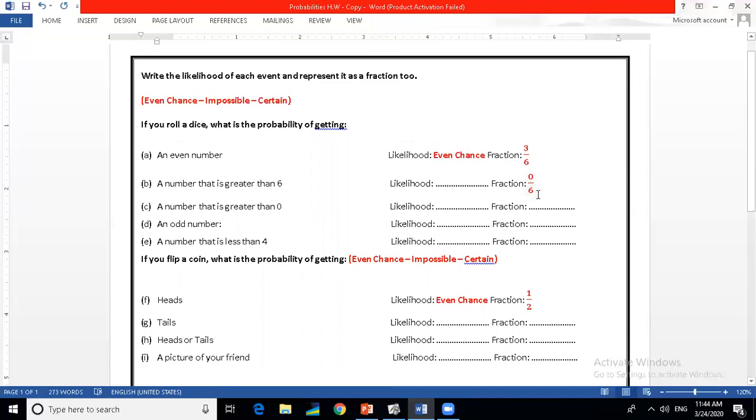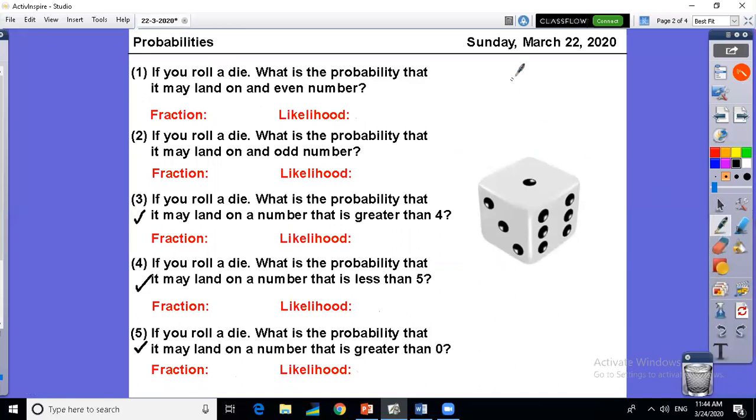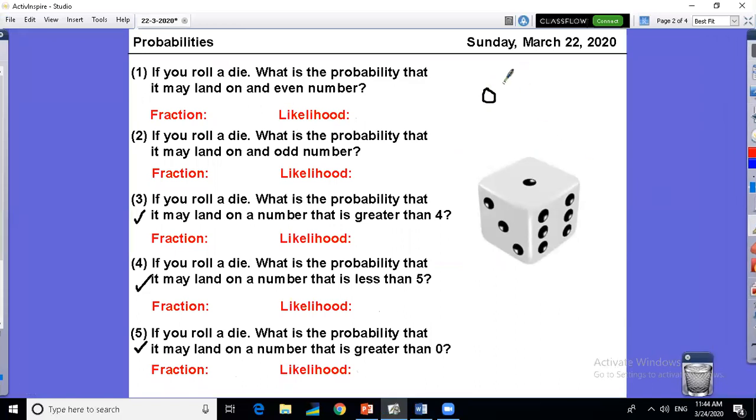And please, guys, I noticed that you wrote the fraction like what I did in the presentation that we used in our live session, writing it this way. You wrote it in the homework this way, which is not wrong, but I want you to get used to writing a fraction this way: 0 out of 6.